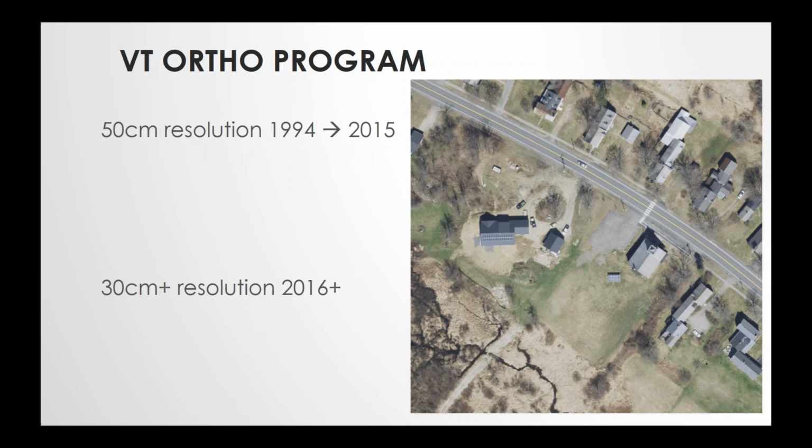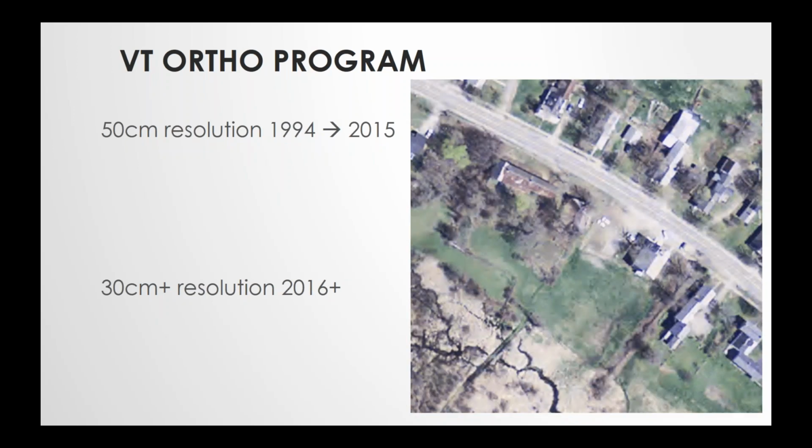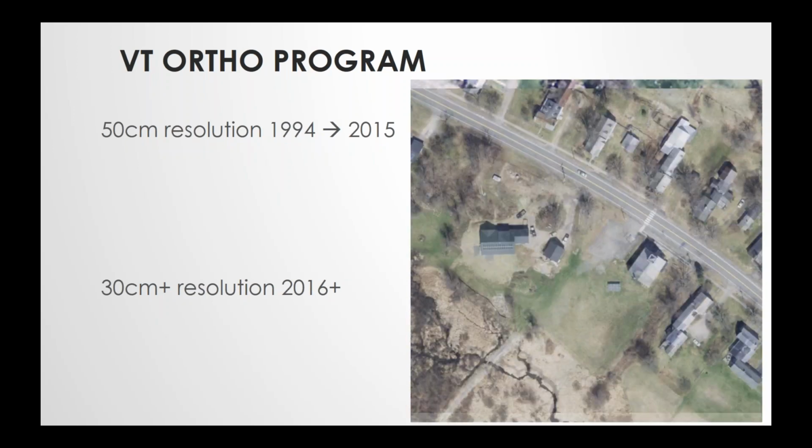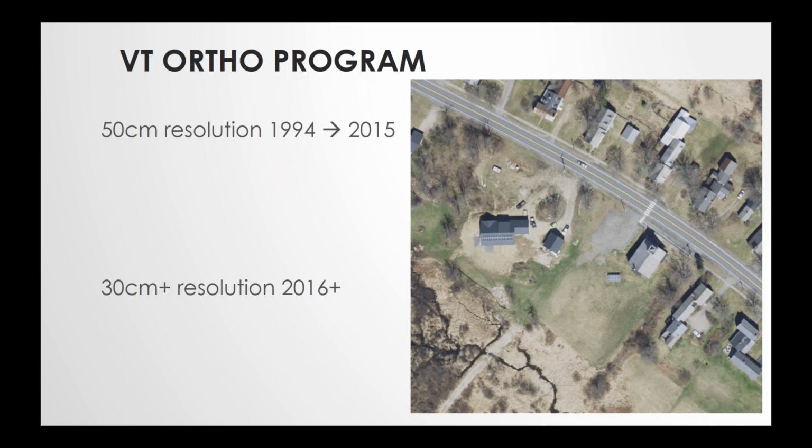So what that means is we are collecting 30 centimeter now as our base resolution, which is 30 centimeter ground sample distance. But we are also acquiring, within specific downtowns and villages, 15 centimeter resolution. So as you can see, there's a significant difference in the resolution of the imagery of the newer vintage.